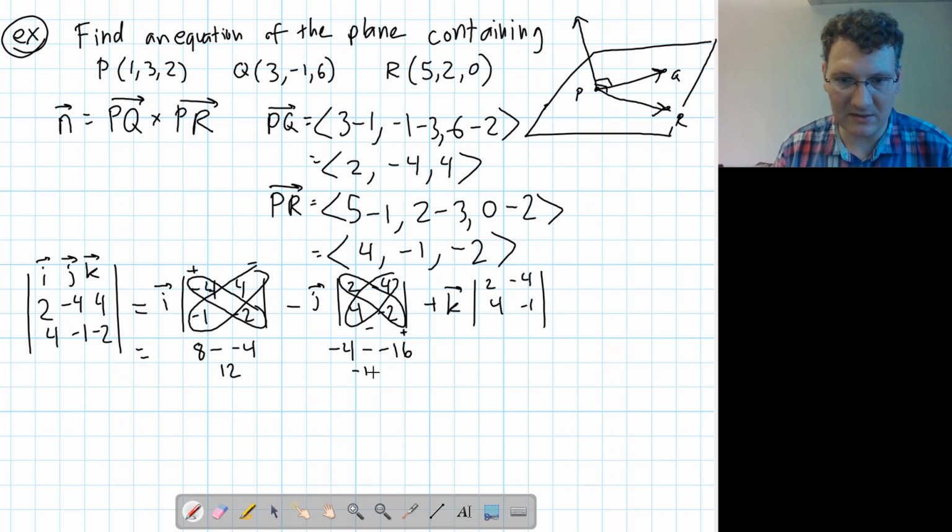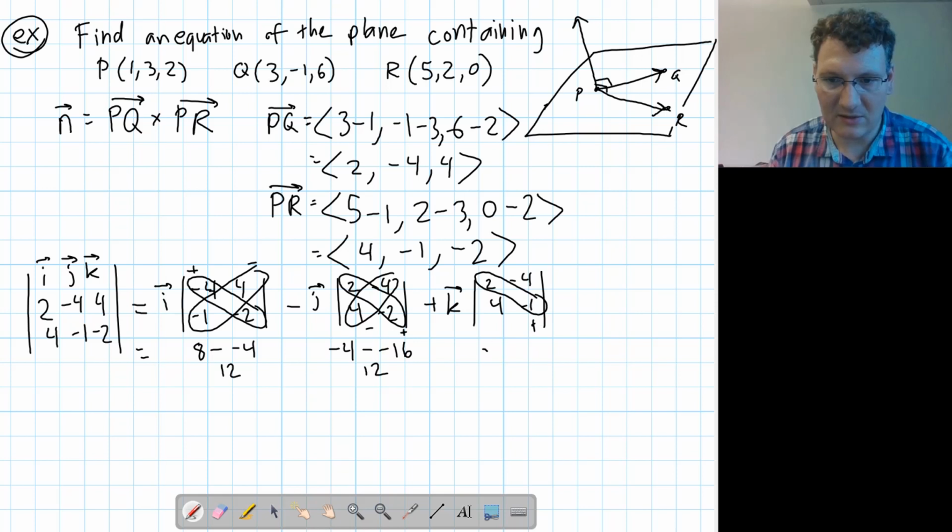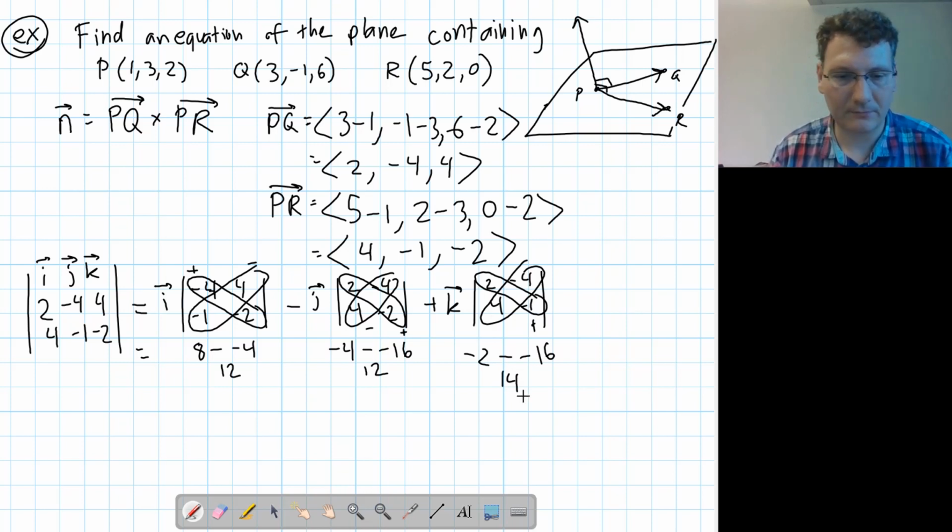That's actually going to be minus, another 12. And then we have 2 times negative 1, that's negative 2, minus negative 16. That's going to be minus negative 16 plus 16. So that's going to be a 14.